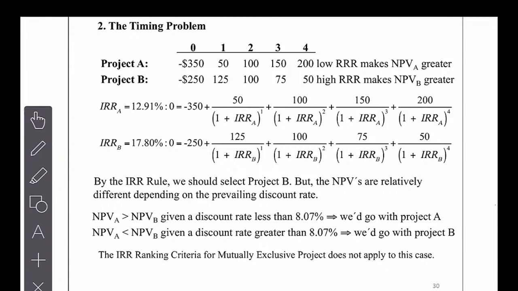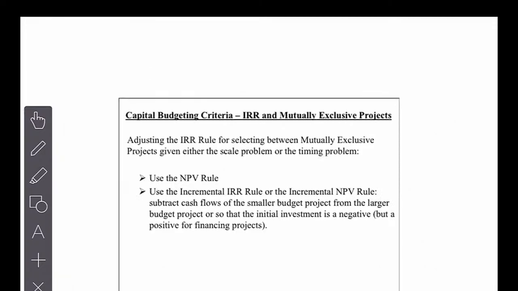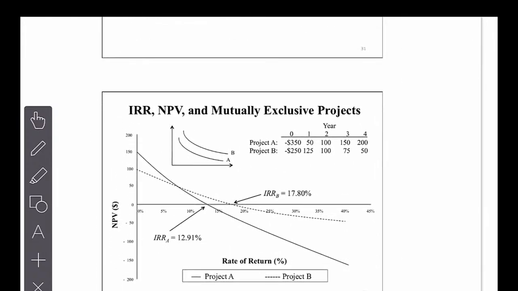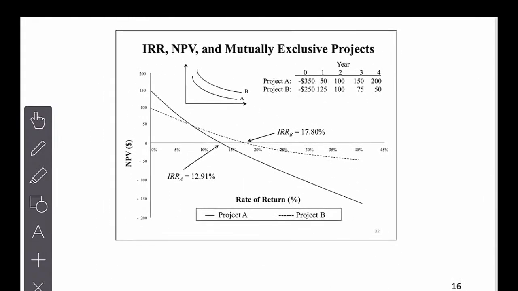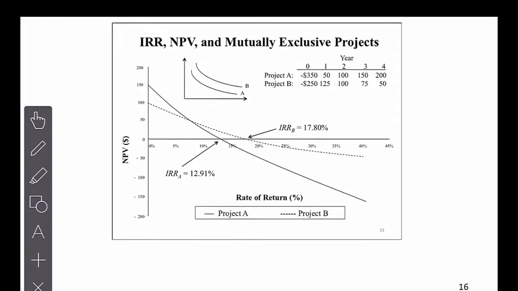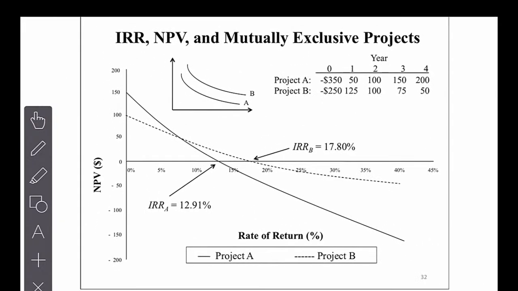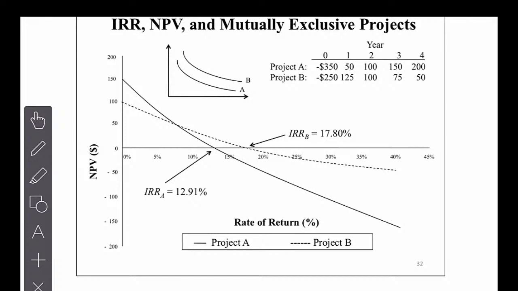The whole story is depicted in this diagram here. Both are investment projects, so their NPV profiles are decreasing. But project A is steeper.